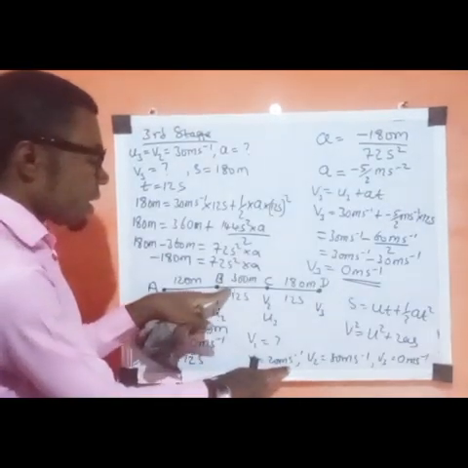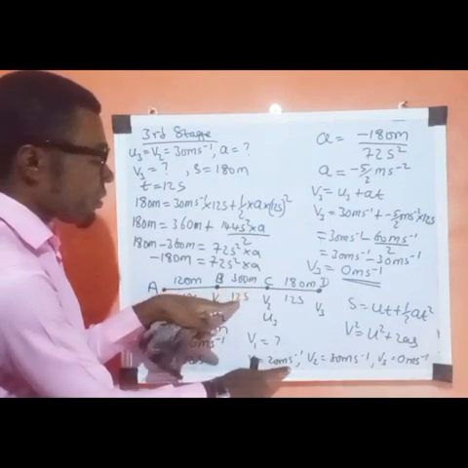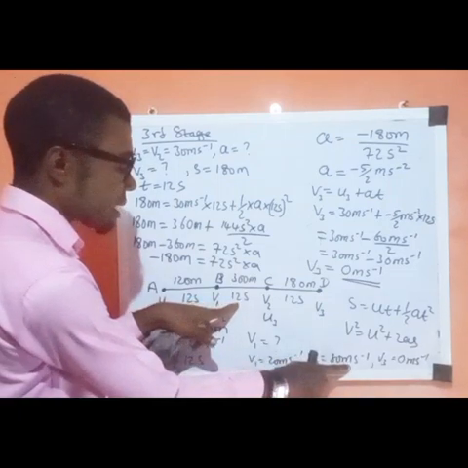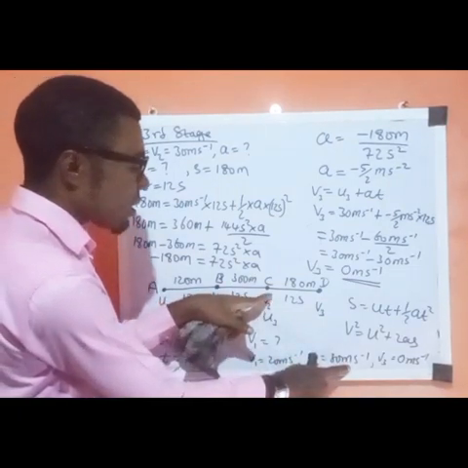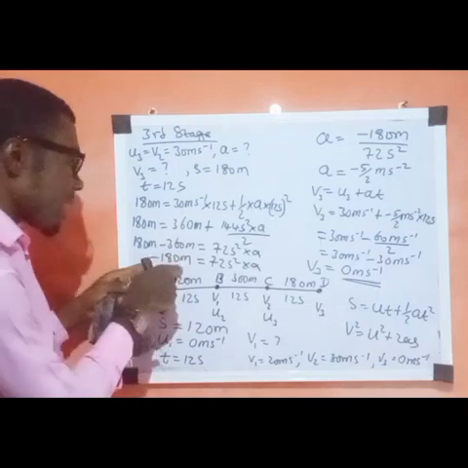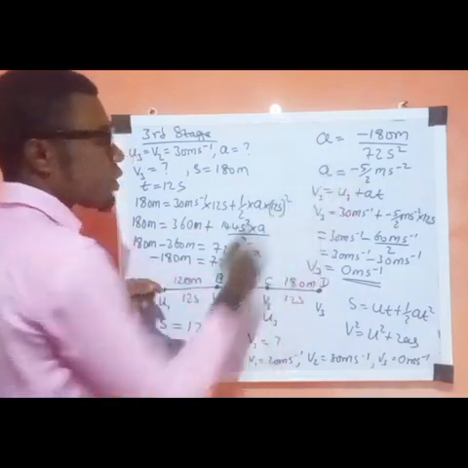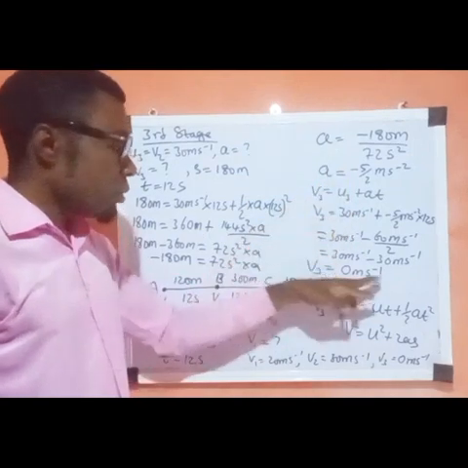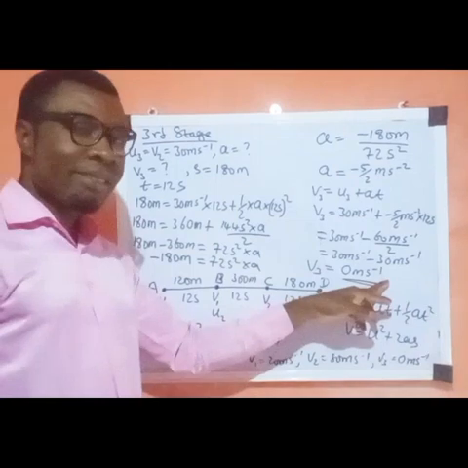It accelerated again for 300 meters over the same 12 seconds and attained a speed of 30 meters per second. After this, the body started decelerating. That's why we got a negative acceleration. When your acceleration is negative, it means deceleration. And then the final velocity became 0.